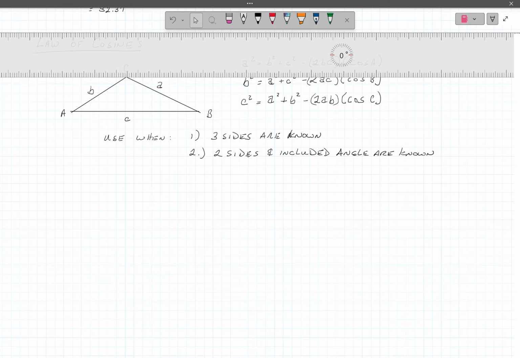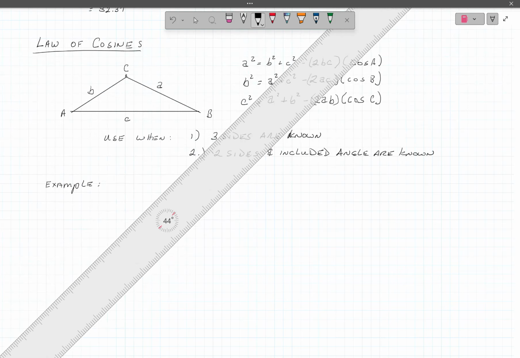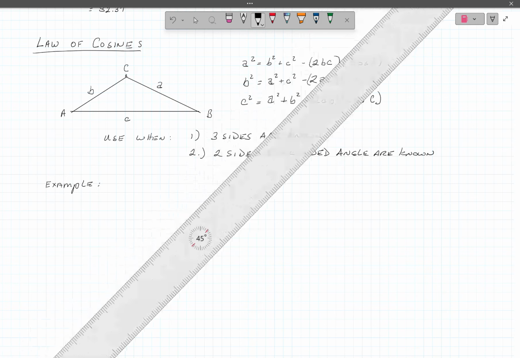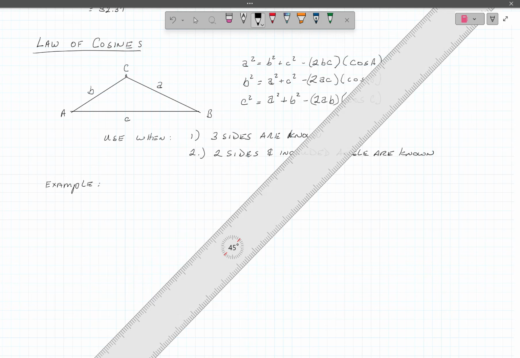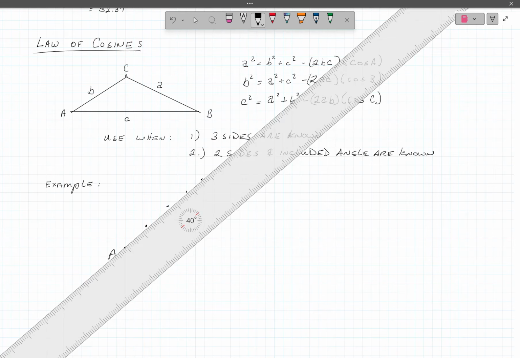All right. So if we set this up, this is going to be an example similar to what you're going to wind up doing in a few weeks for a lab. We got a triangle that looks like this. We're going to start here at A, going up.